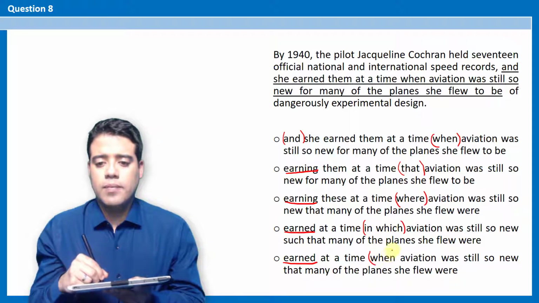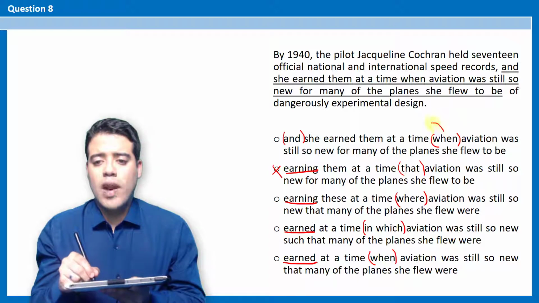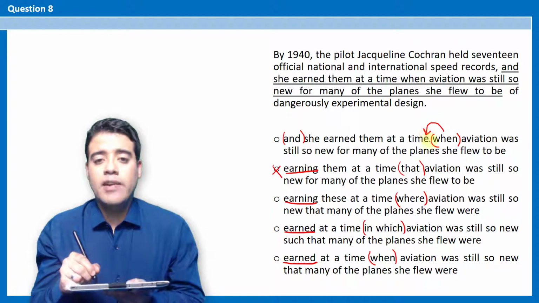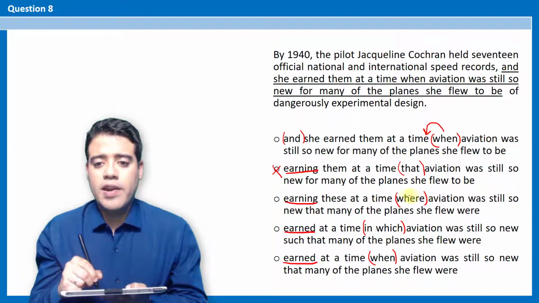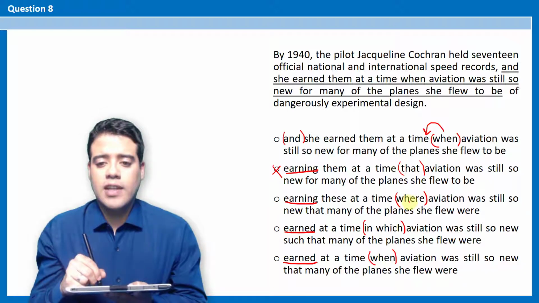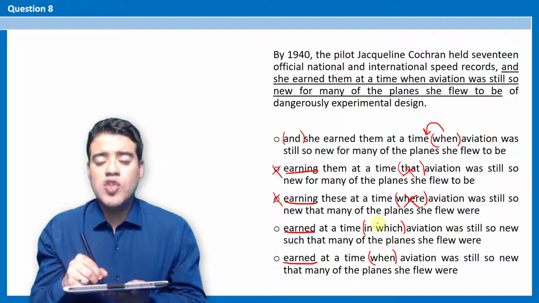You cannot use a time that, okay, because I prefer when to refer to time. When is a relative pronoun used to describe time periods. And where is used to describe places or locations. I cannot say time where. That's wrong. A time in which. Well, in which can replace when. That's okay. We still have 3 more to go.